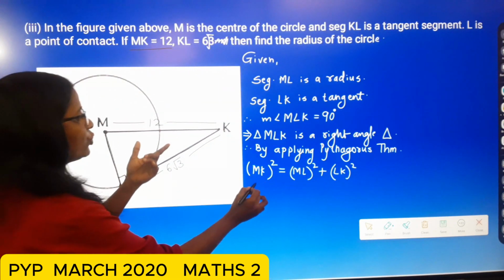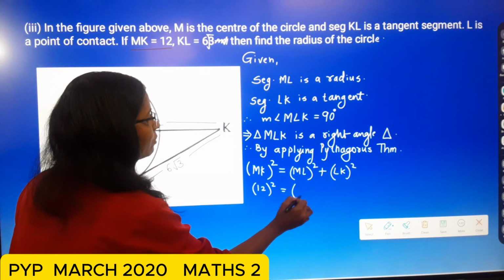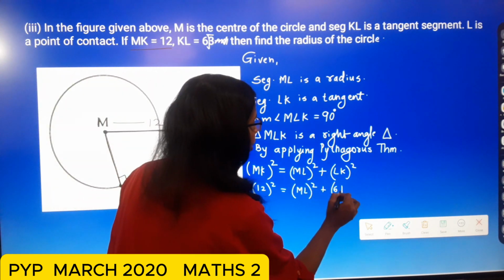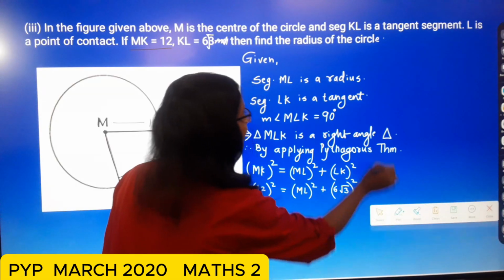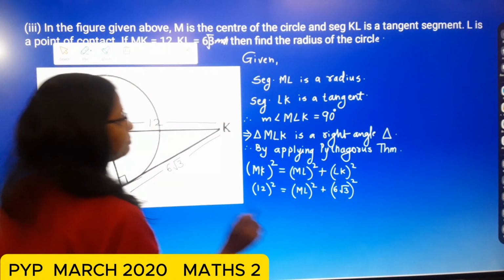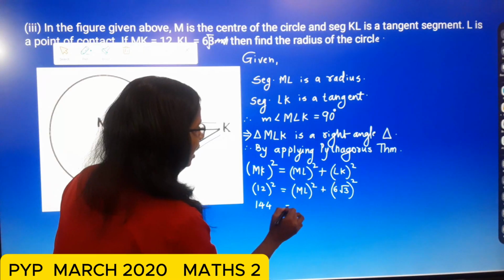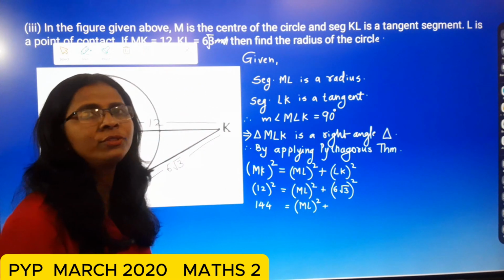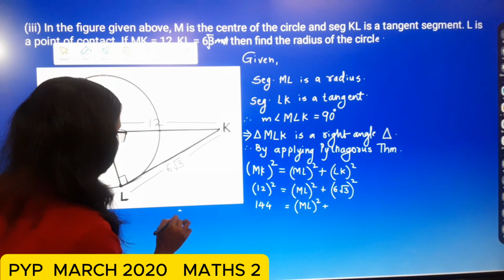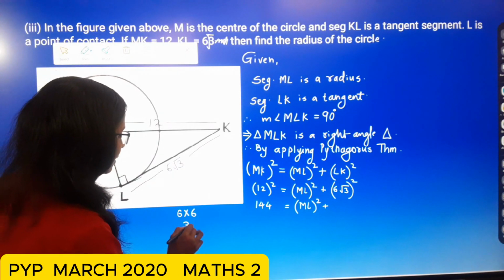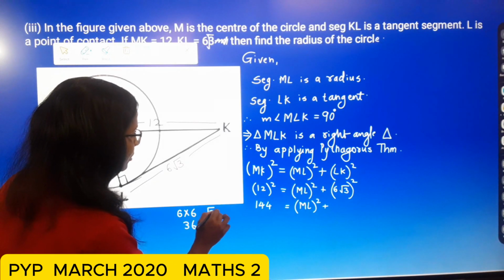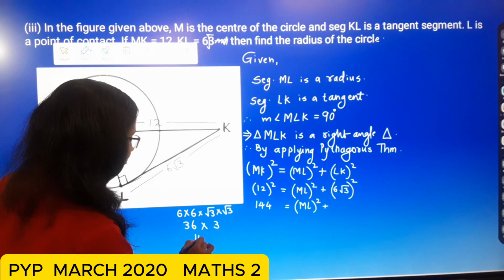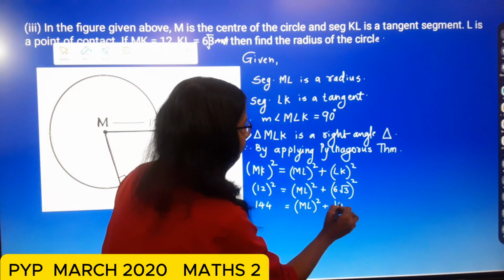That means here substitution: 12 square is equal to ML square plus (6 root 3) whole square. Okay students, then 144 is equal to ML square plus, now how can we calculate the square of 6 root 3? The square of 6 means 6 multiplied by 6, 36. And the square of root 3 means root 3 multiplied by root 3, that is equal to 3. And the product of this will be 108. So here I write 108.